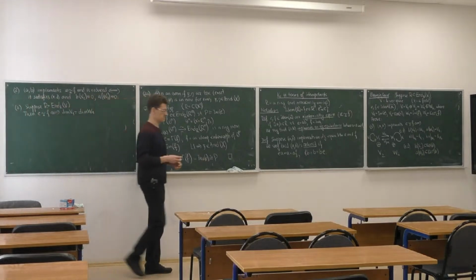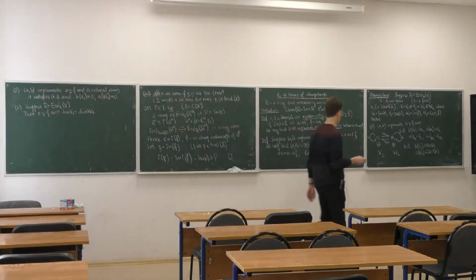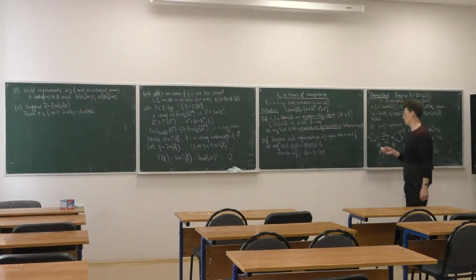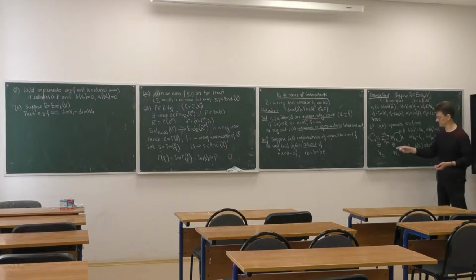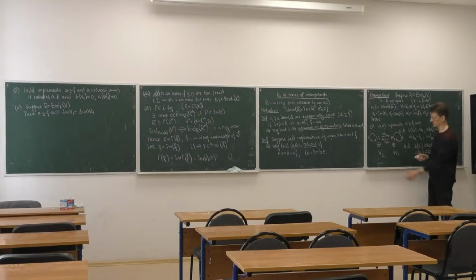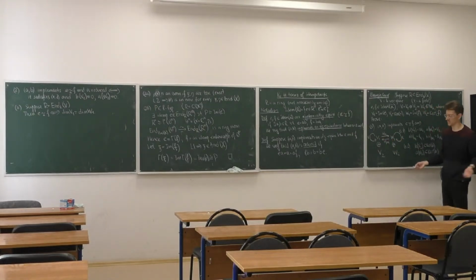Well, indeed, this follows from part 1, for example, because the implication from left to right is true for any subring in here. So if they are algebraically equivalent, then by looking at this picture, we deduce that these two subspaces are isomorphic. And so of course they have the same dimension.